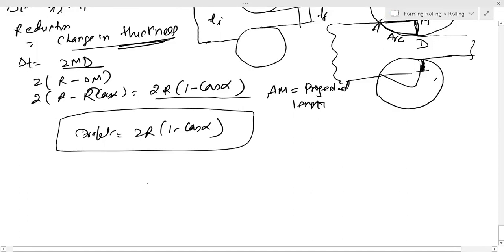Another way to calculate draft is, we can calculate draft in terms of L, that L is your projected length, right? That is actually R delta.